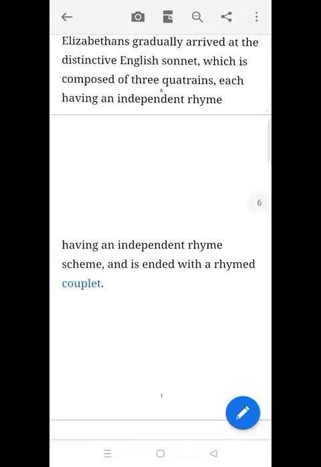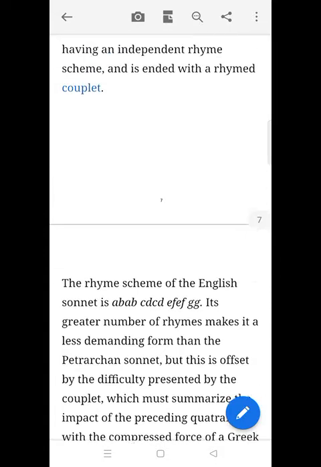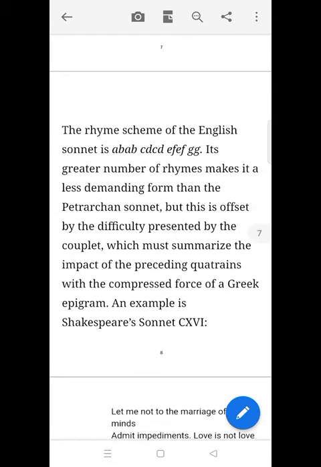Here in the English sonnet we have 3 quatrains, and each quatrain contains 4 lines, and the remaining 2 lines are called a couplet. A couplet is a group of 2 lines. So this is the structure of a Shakespearean or English sonnet.